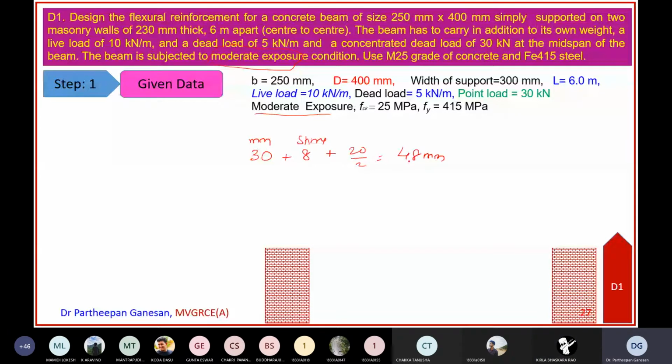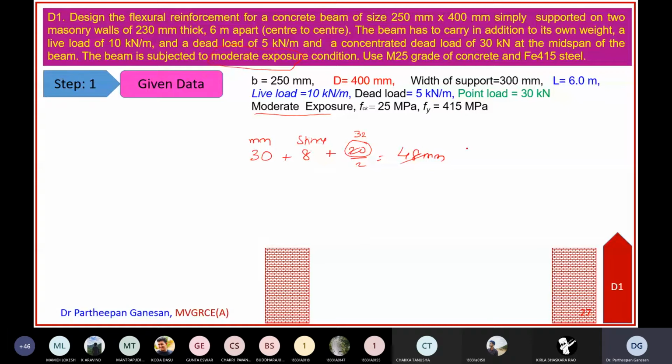So what you can do is this: instead of 20, because we will not know beforehand what reinforcement we are going to use, even if you provide 32, there is a difference of 6 mm. 32/2 is 16, so instead of 48 you will have 54 mm. That is the only difference.